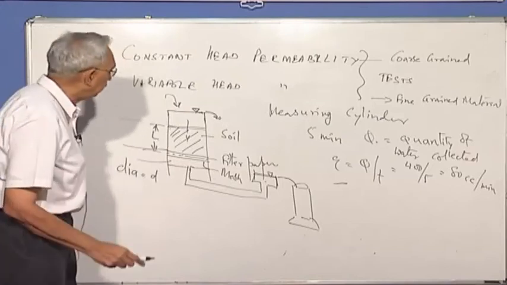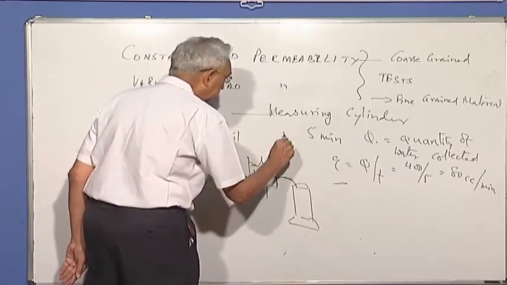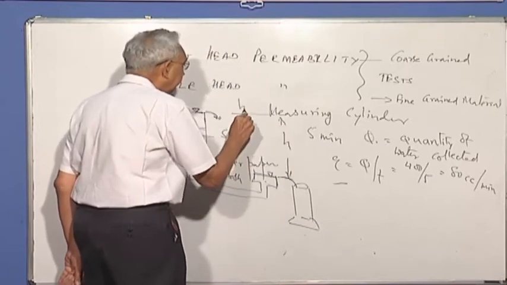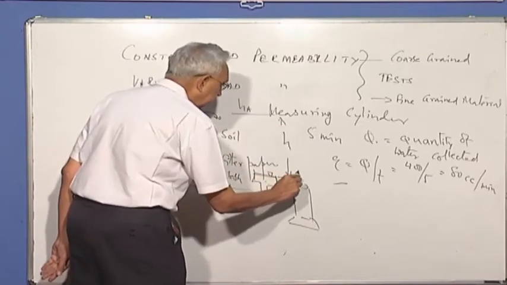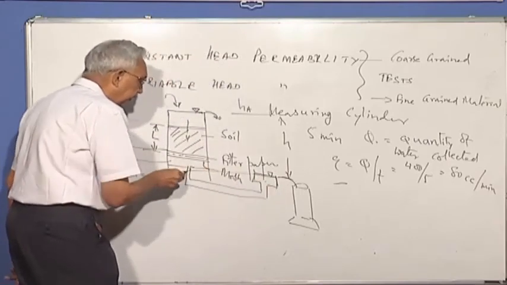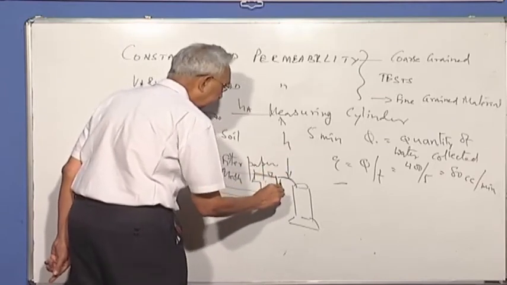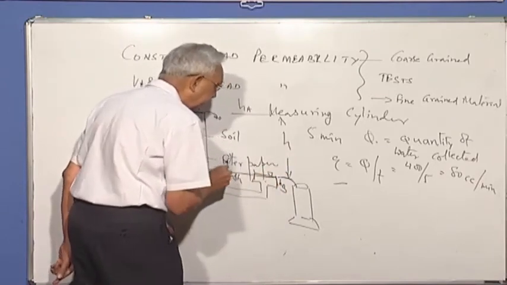We also know the head loss, the difference between these two elevations. Can I say the upstream elevation, suppose I take some datum here corresponding to the bottom level, this is the net difference, this is HB, the datum I am taking right here.